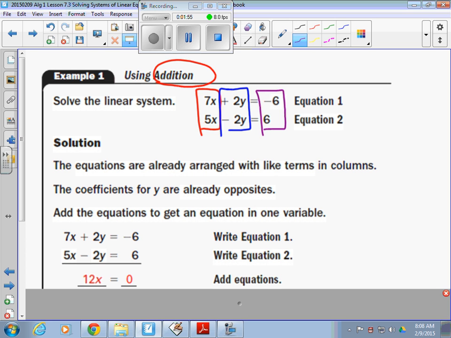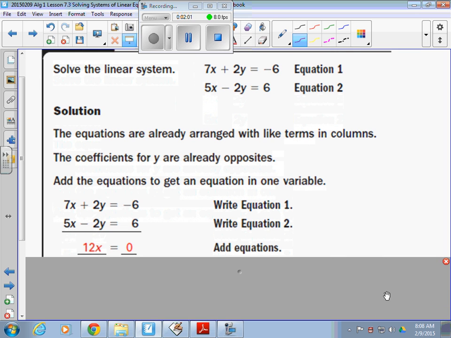So what you do is, in order to eliminate, you combine your terms. It would be a little neater looking if this was written this way: 7x plus 2y equals negative 6, and 5x minus 2y, because it says plus a negative value, equals positive 6.